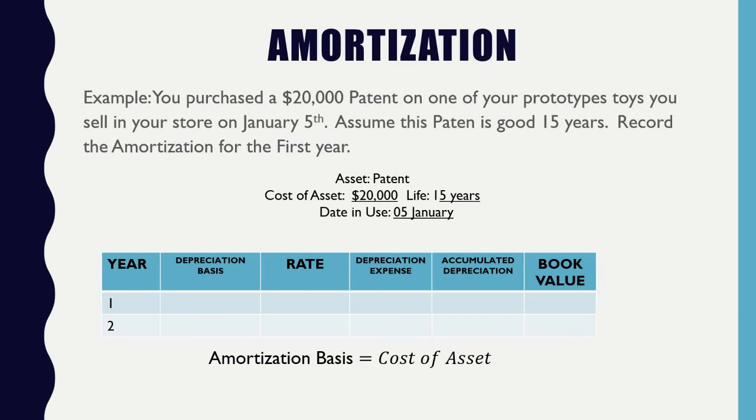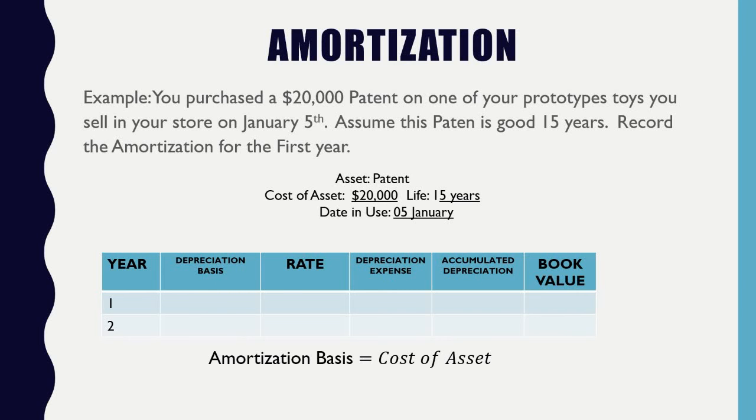The one thing you need to know is that when you purchase your patents, the day that you pay for it is the day that you place it into service, because the protection should be effective immediately. So the date you use it is the same as the date you purchased it, because once you pay for it, it's automatically protected.